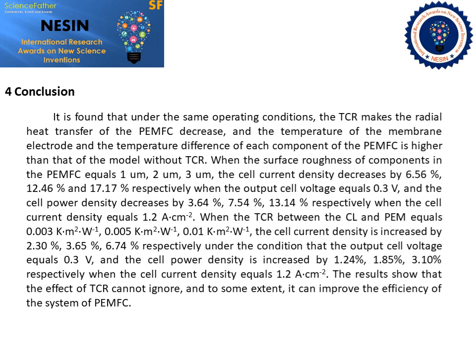So the results show that the effects of TCR cannot be ignored, and to some extent it can improve the efficiency of the PEMFC system. So that's all my presentation. Thank you.